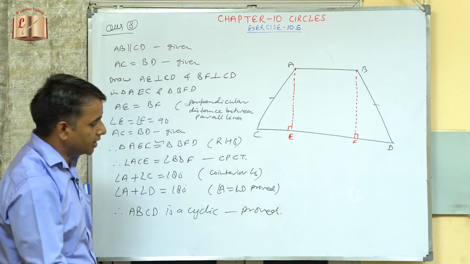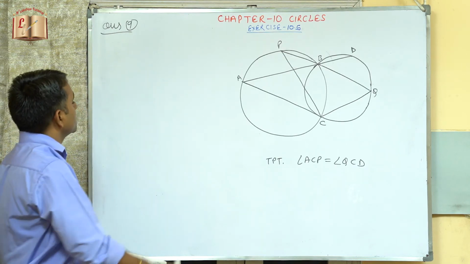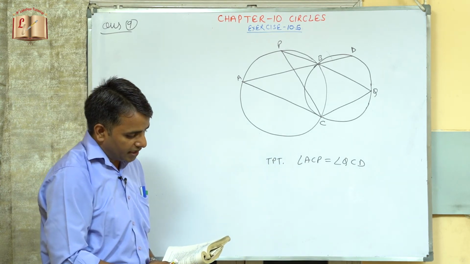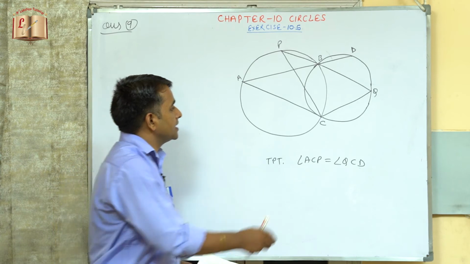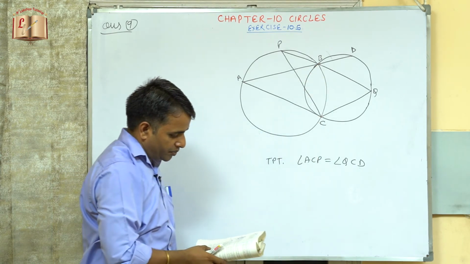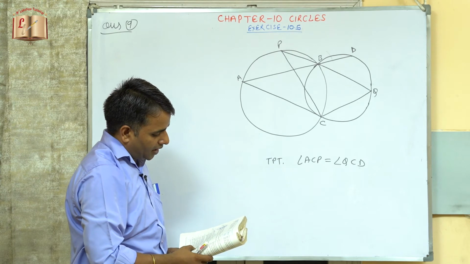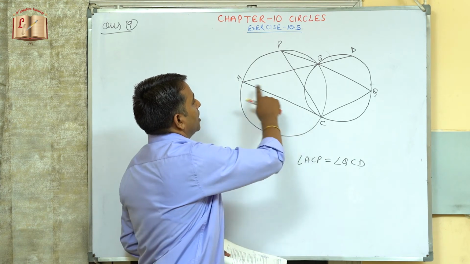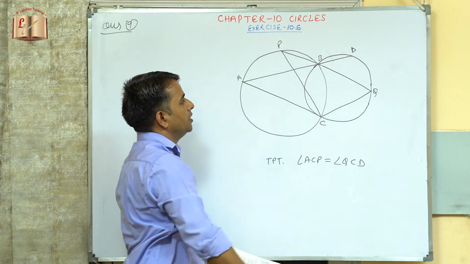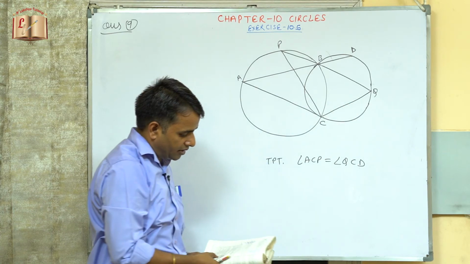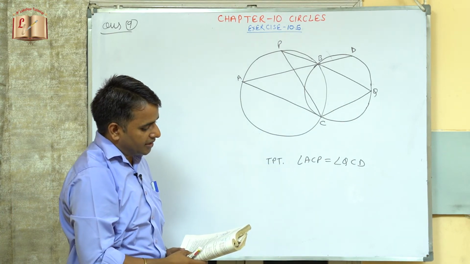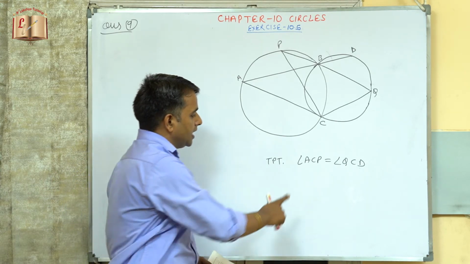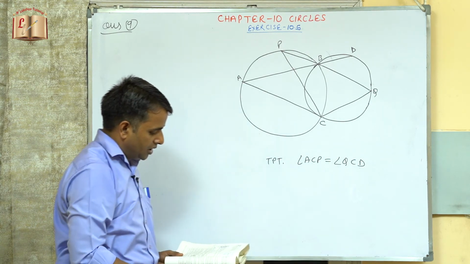ABCD is cyclic. So now coming to question number 9. So this is the figure given to us. It is given that two circles intersect at two points B and C. So they are intersecting at points B and C, and through B two line segments ABD and PBQ are drawn to intersect the circles at A, D, P and Q. Now we need to prove that angle ACP is equal to angle QCD.